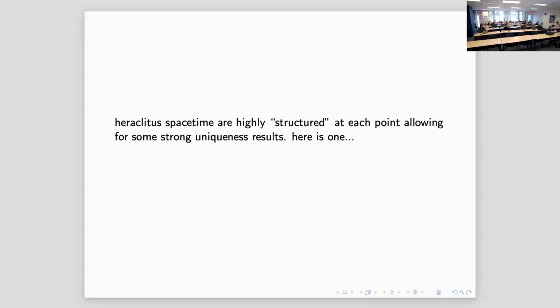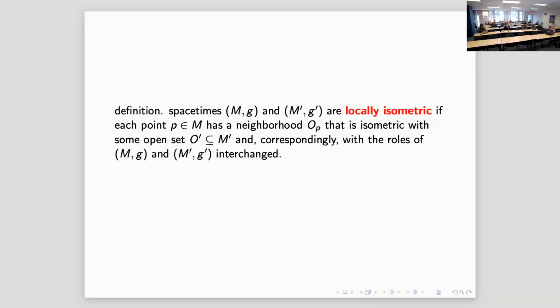Okay, so now let me just sketch one nice thing that you might be able to prove given how structured these spacetimes are. There's so much to work with now at this level of the hierarchy that we can prove some pretty strong uniqueness results. So here's just one. There are others. Let's start with a definition of local isometry.